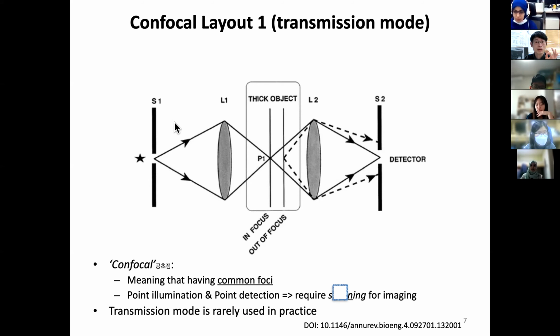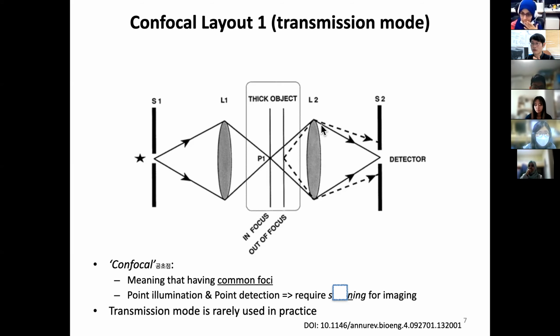Something different from wide field imaging is that you are now sending a focal light onto the sample. That's the difference with wide field. The light coming from this focus P1 will get into another imaging system. The simplest one is one lens, and you can have this geometric optics of focus.